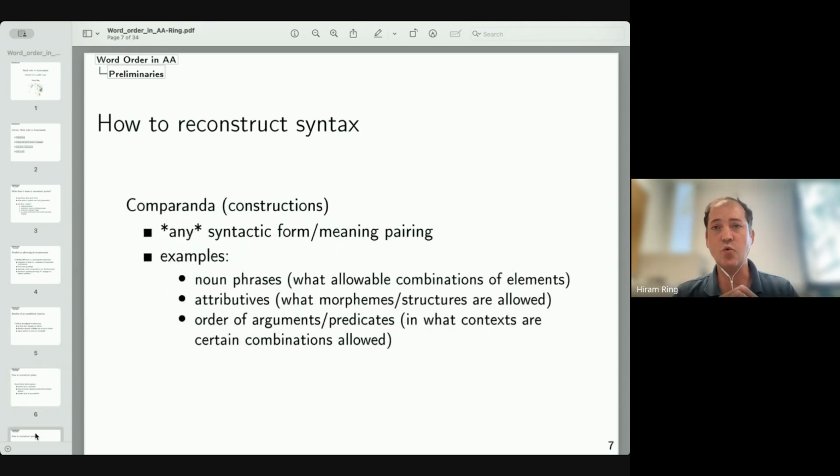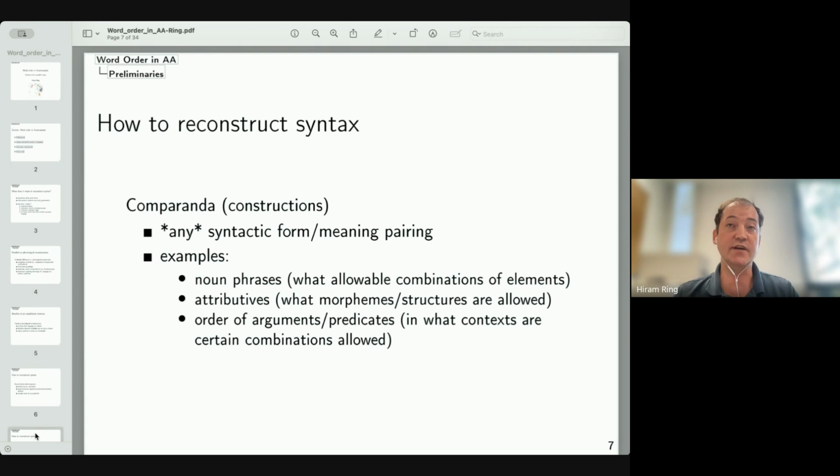Now, what are your comparanda? What are the things that you're actually comparing? In the case of syntax, I would argue that these are constructions. So these are any kind of syntactic form or meaning pairing. The fact that you can combine any syntactic form or meaning pairing means that there's a lot of complexity, right? Or potential complexity. Now, some examples of this would be noun phrases.